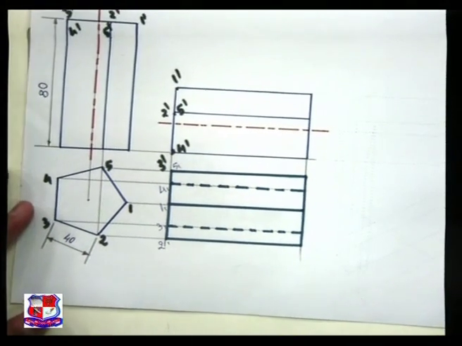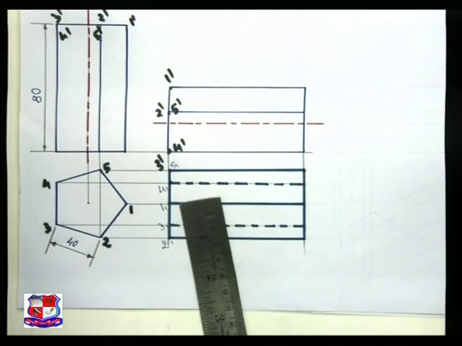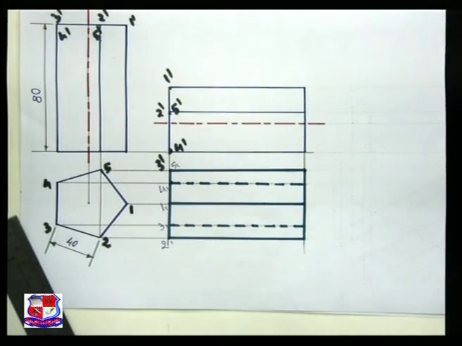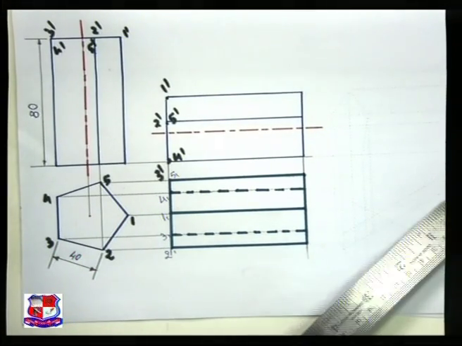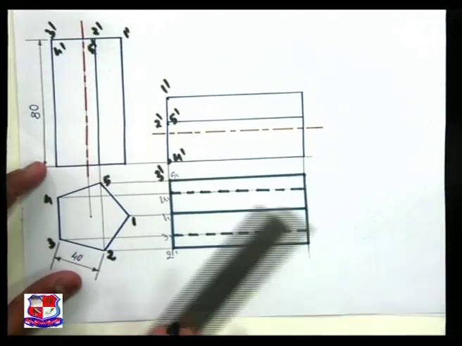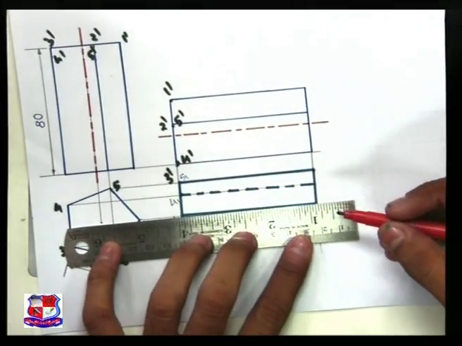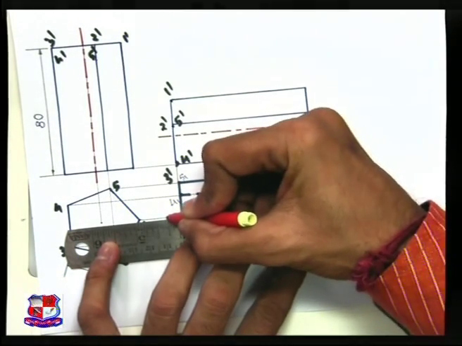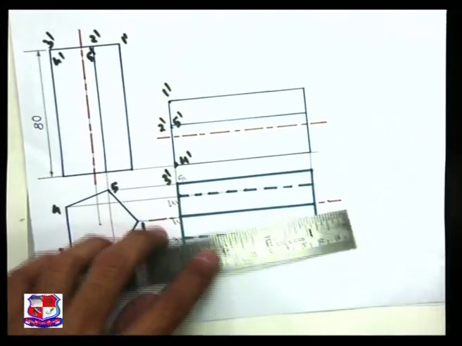Now it is given that this solid, this one, makes an angle of 30 degrees with the axis. That is, the axis of this solid makes an angle of 30 degrees with the XY line. So we have to redraw this solid in such a way that its axis, let me locate its axis on this top view as well. That would be somewhere here, right? This axis is inclined at 30 degrees to the XY line.